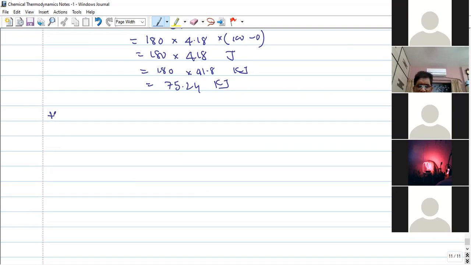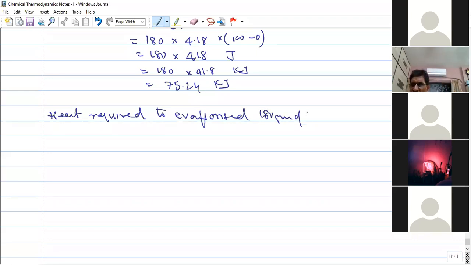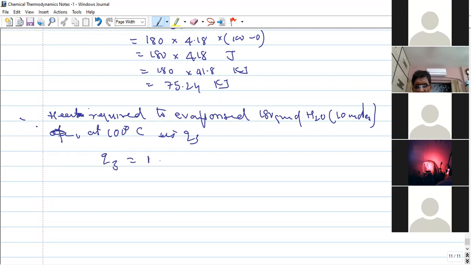Heat required to vaporize 180 gram of water, यानी 10 moles of water, at 100 degree Celsius is Q3, and Q3 is equal to N into delta H evaporation of water.